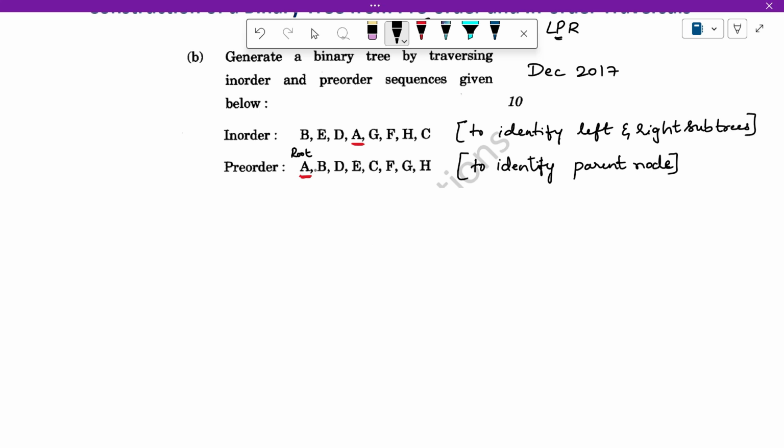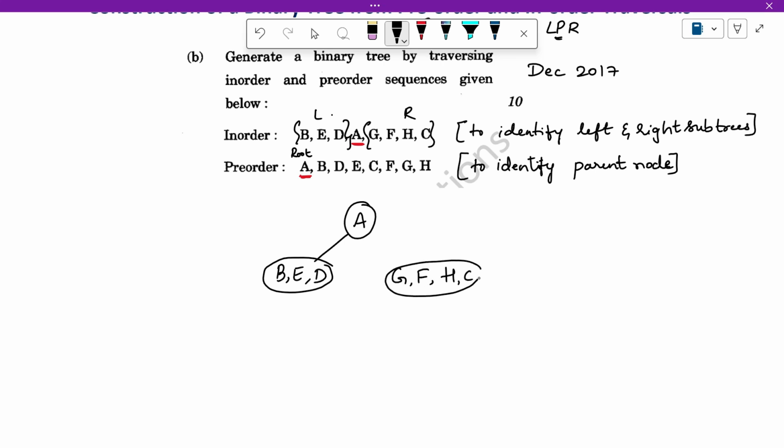So first, the root node we have identified as A. A is the root node, and in inorder I will mark this much. All this belongs to the left subtree and all this belongs to the right subtree. In the left subtree we have B, E and D. And G, F, H, C all belong to the right subtree.